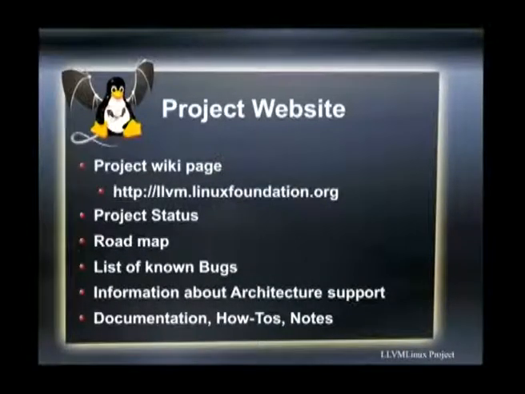So you can find information about the project at llvm.linuxfoundation.org. We have the project status page, we have the roadmap there, and you can also find our links to the build board there.